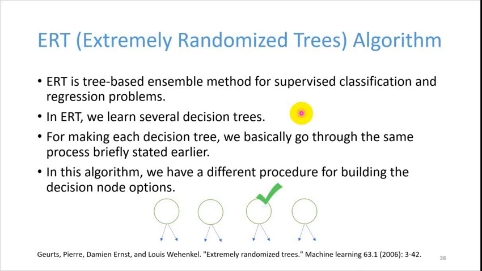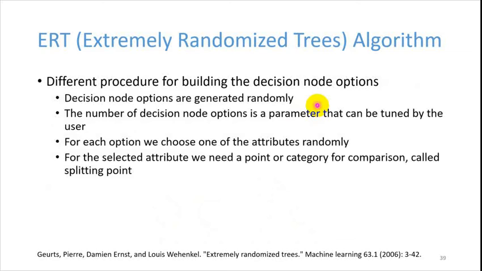And for making the decision trees, we basically go through the same process explained earlier, but for the options that we have for the decision nodes, we will have a different procedure for producing them. We generate those options randomly, actually.